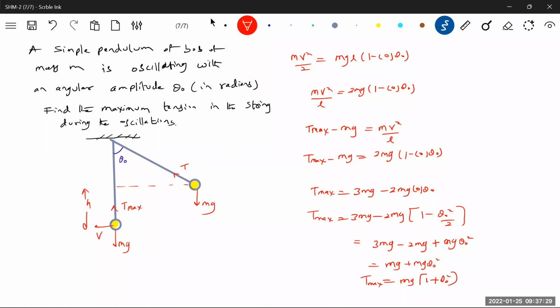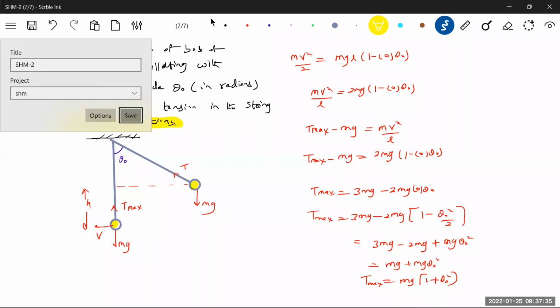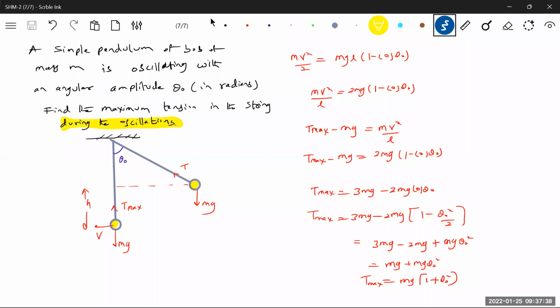That during oscillations is very important. This was the main question.